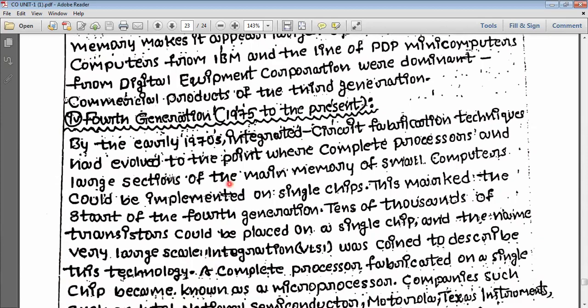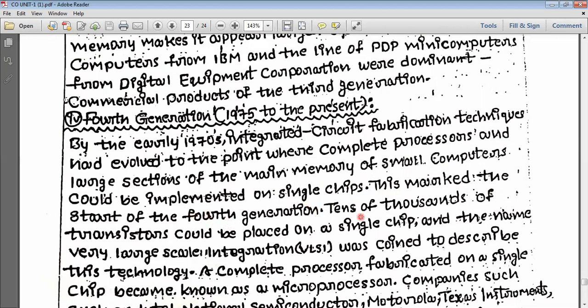By the early 1970s, integrated circuit fabrication techniques had evolved to the point where complete processors and large sections of the main memory of small computers could be implemented on single chips. This marked the start of the fourth generation.